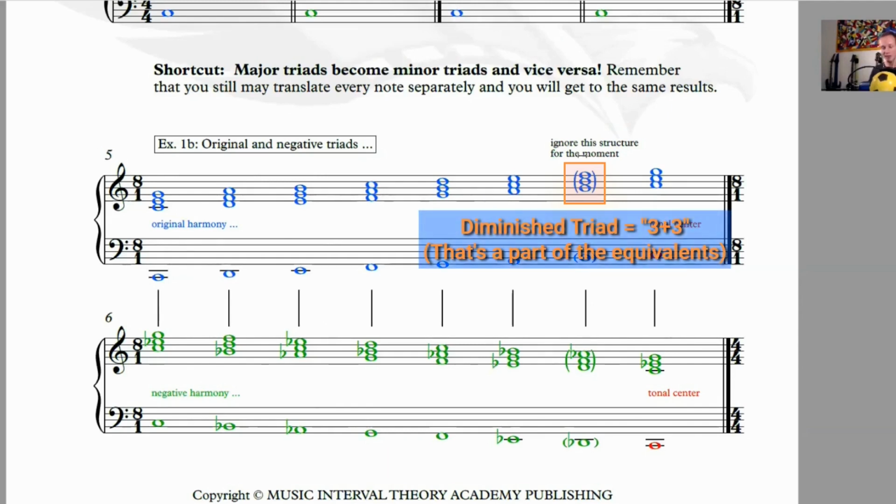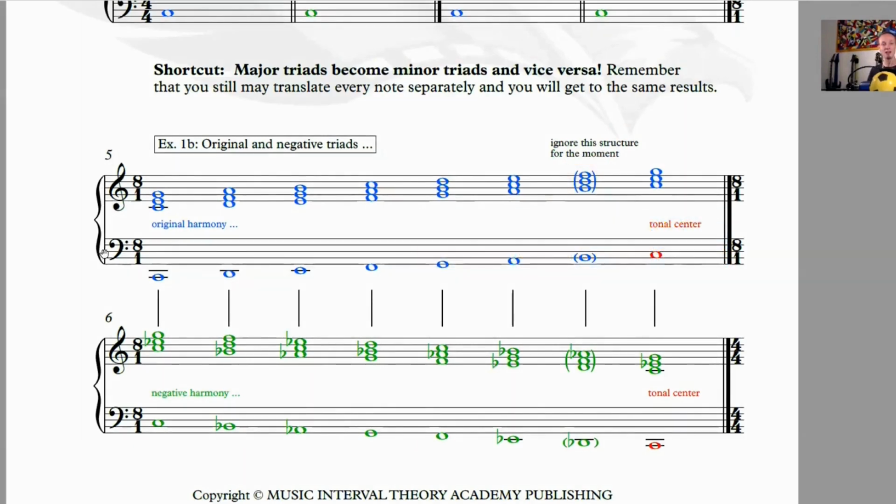Let's stick to major and minor triads. Now, when we take this first line here at bar 5, let's translate the whole thing into negative harmony. So we've already learned that our tonal center doesn't change. The note C right here stays the note C. So that is quite easy.